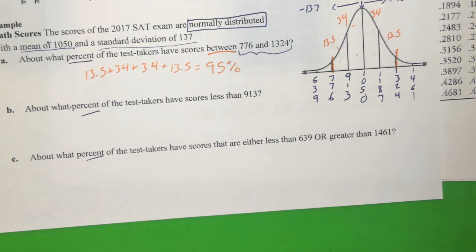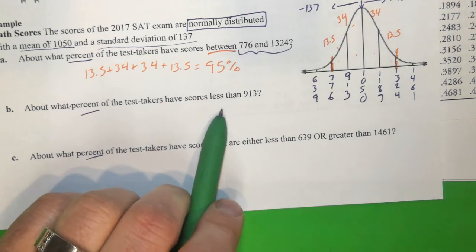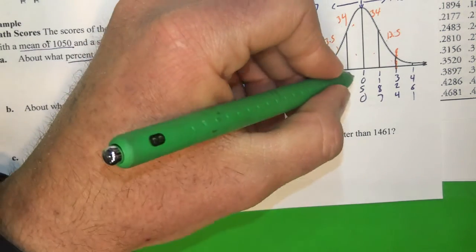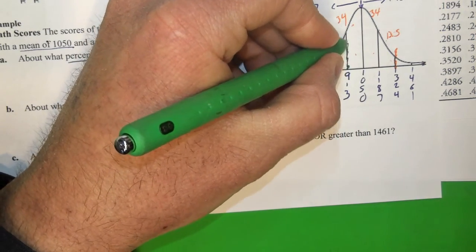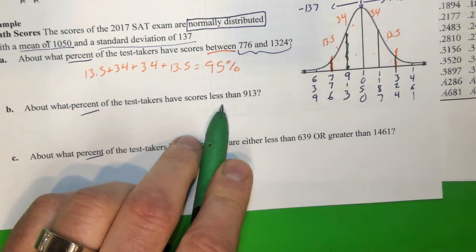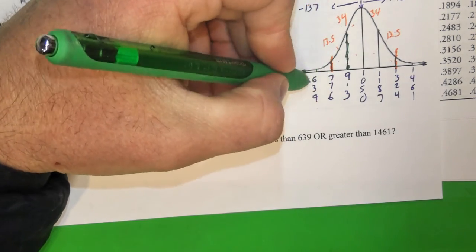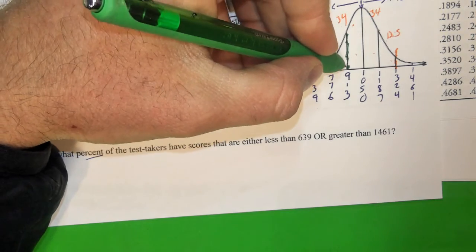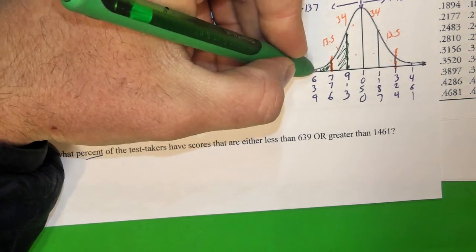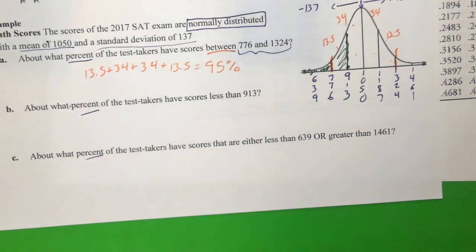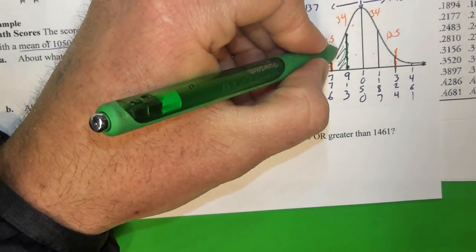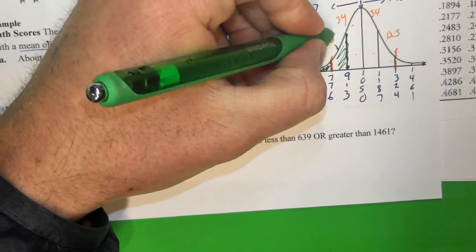Second question. So now this one says less than. So now less than 913. Here is my 913 right here. And less than means I need to go for the scores that are lower. So you can see those lower scores written down right here. So I want all of these people who got really low scores. Each of these people has a percentage attached to them.